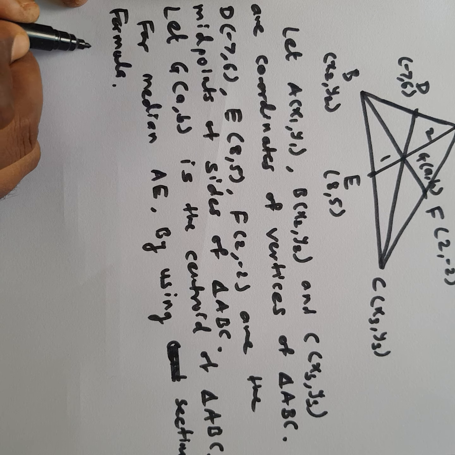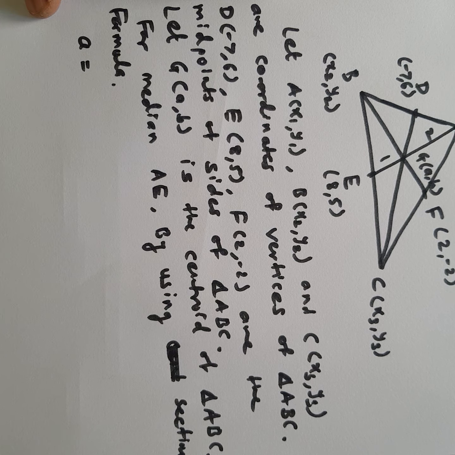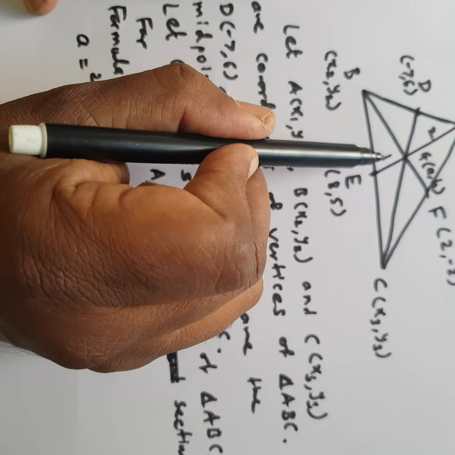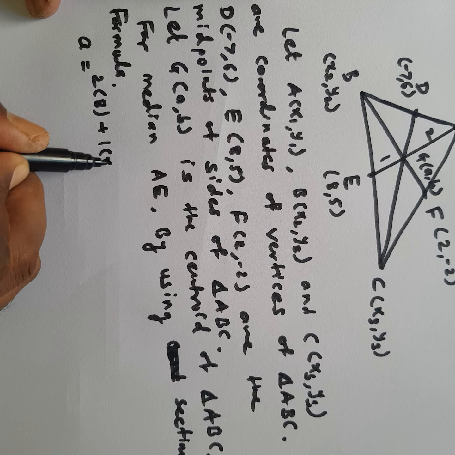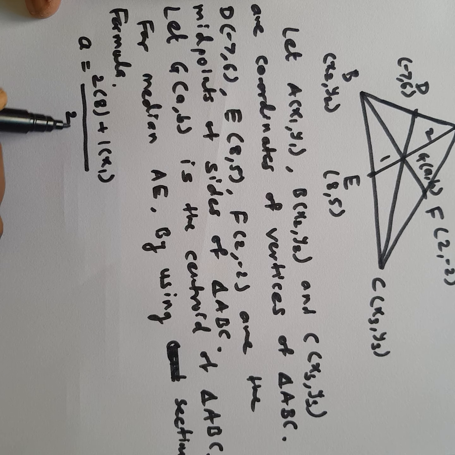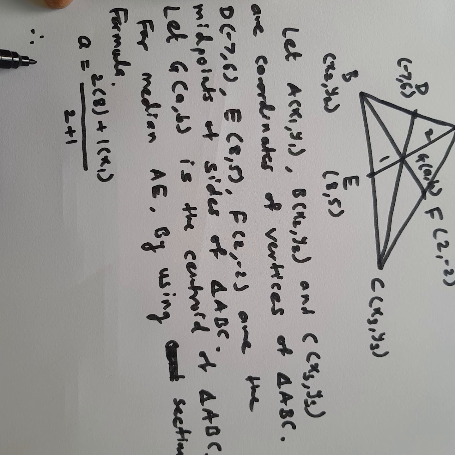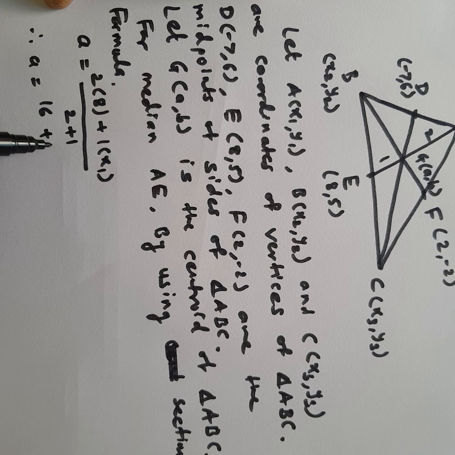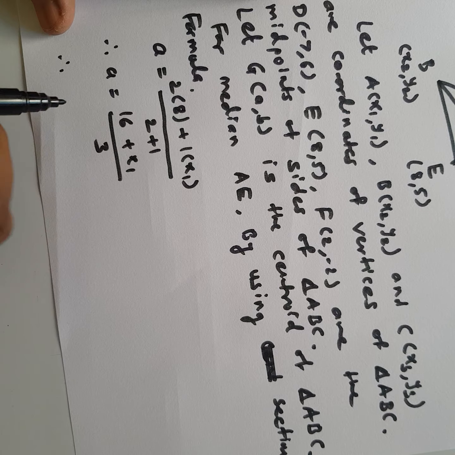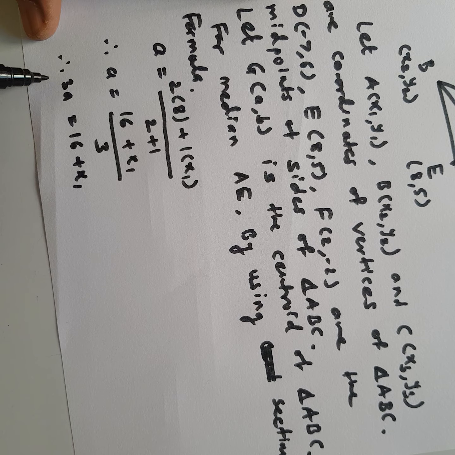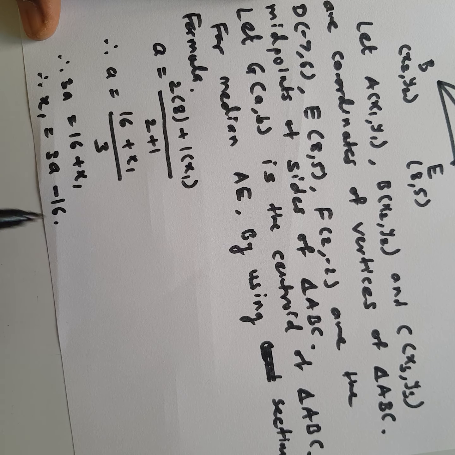Therefore, x coordinate of point G, that is a, is equal to (m x2 + n x1) upon (m + n), means 2 into 8 plus 1 into x1 upon 2 plus 1. Therefore, a is equal to (16 + x1) upon 3. Therefore, 3a is equal to 16 plus x1. Therefore, x1 is equal to 3a minus 16.